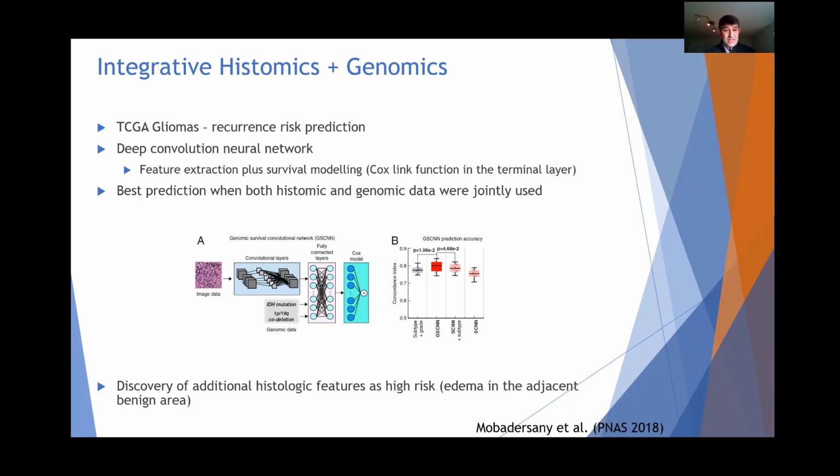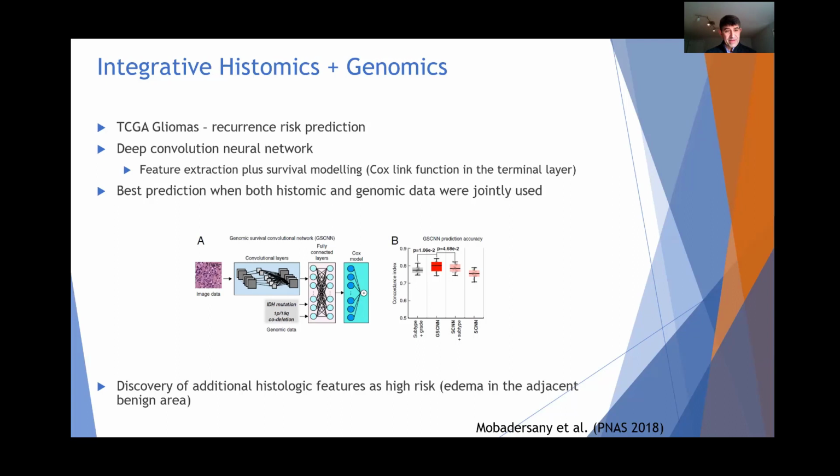This approach used a deep convolutional neural network to do feature extraction from the images, and also integrated genomic data with the histologic characteristic information. And then they layered on a terminal layer with a Cox link function to predict overall recurrence risk.